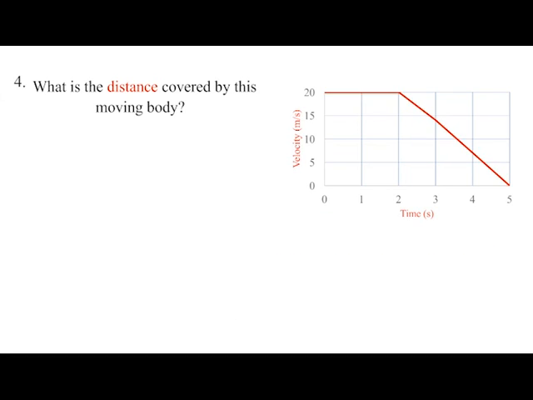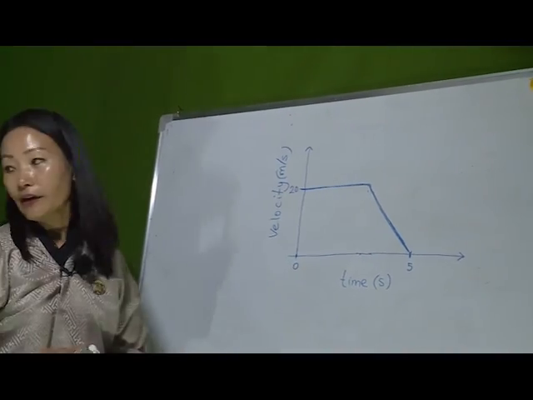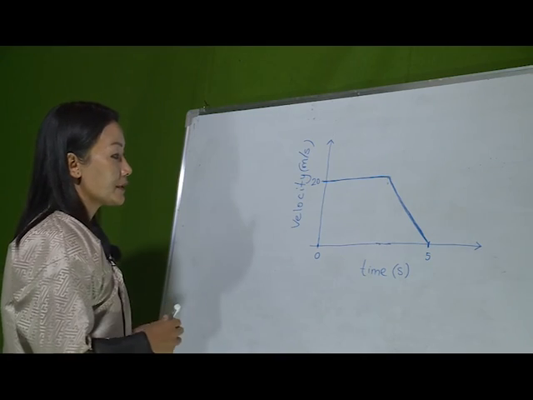Now the last question we will do here is to calculate the distance covered by this moving body. The body started moving from this point and it stopped here. So we are finding how much distance this moving body has covered. For that, if you look at this graph, I've just replicated this graph here.